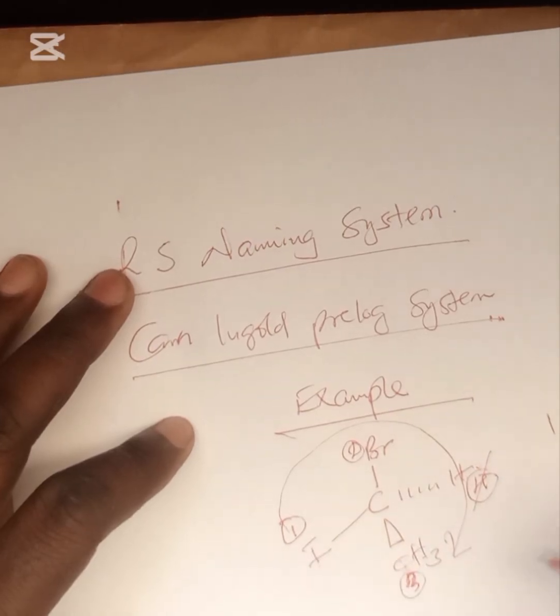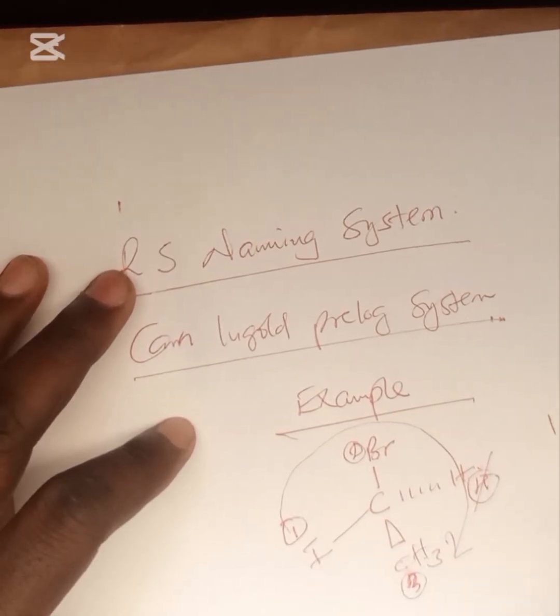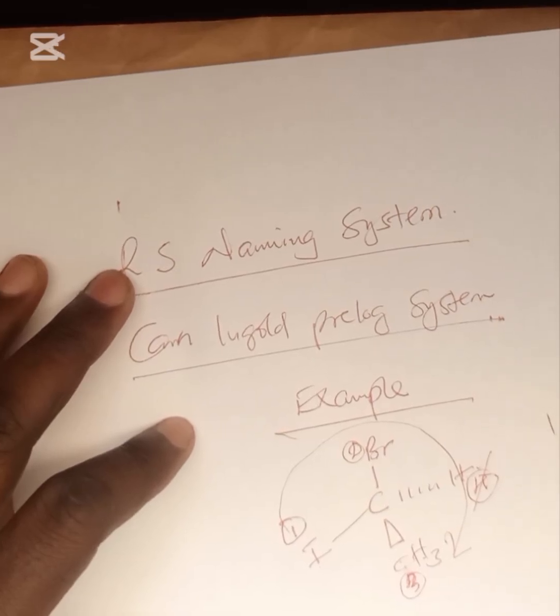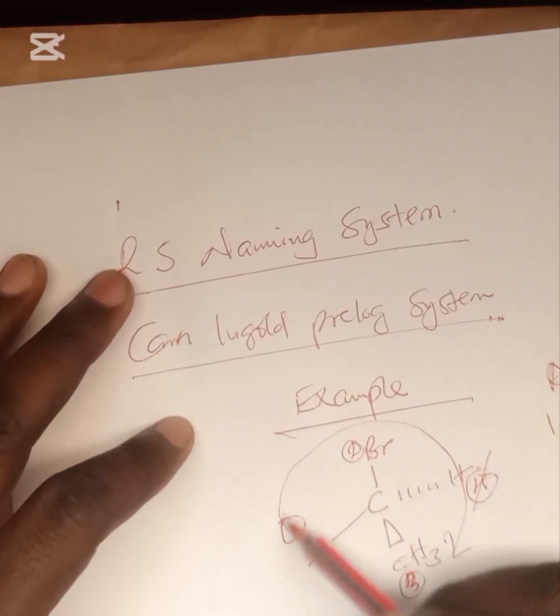If it's a clockwise direction, it's actually R. The configuration is R. But if it's anti-clockwise or counterclockwise, the configuration is S.